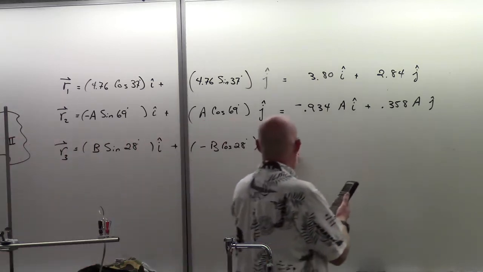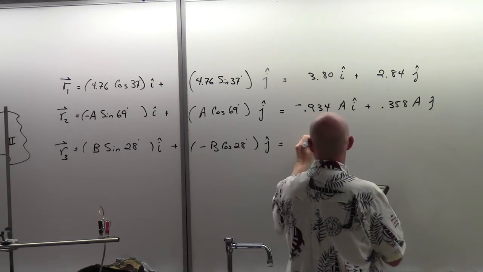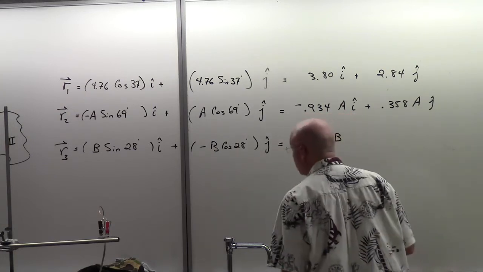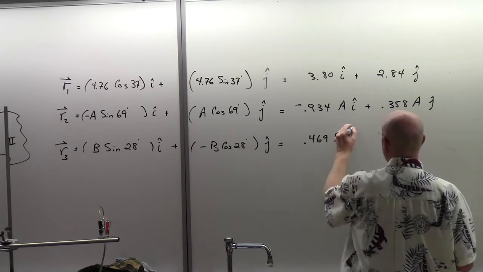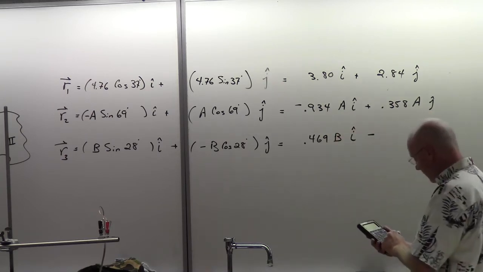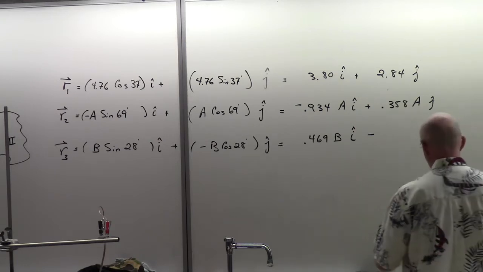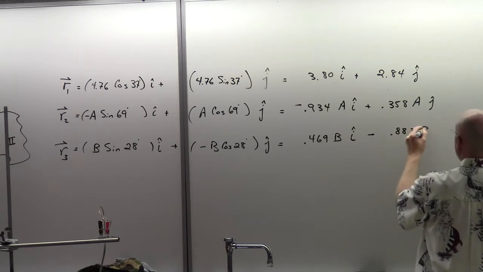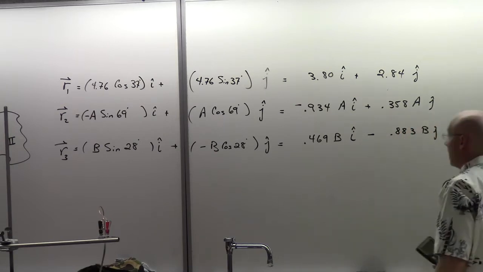That comes out to be 0.469 times B for the i hat direction. And then the cosine of 28 degrees is 0.883 B, j hat direction.